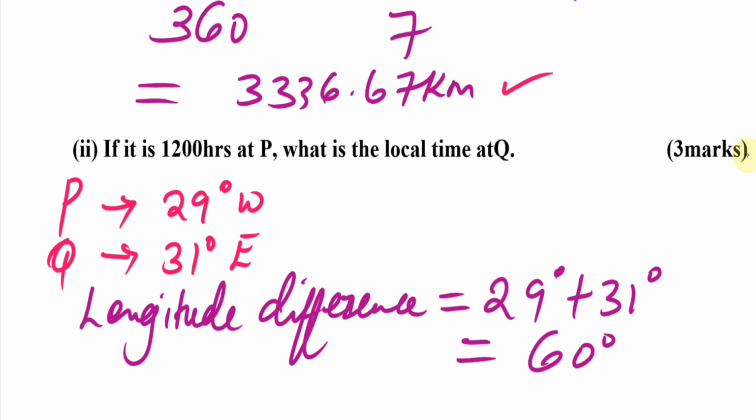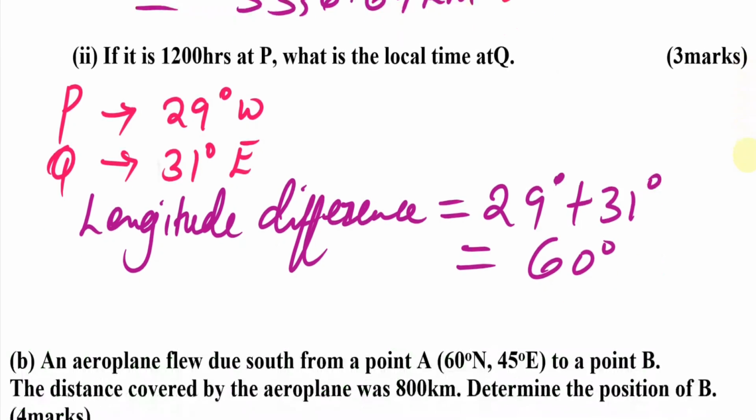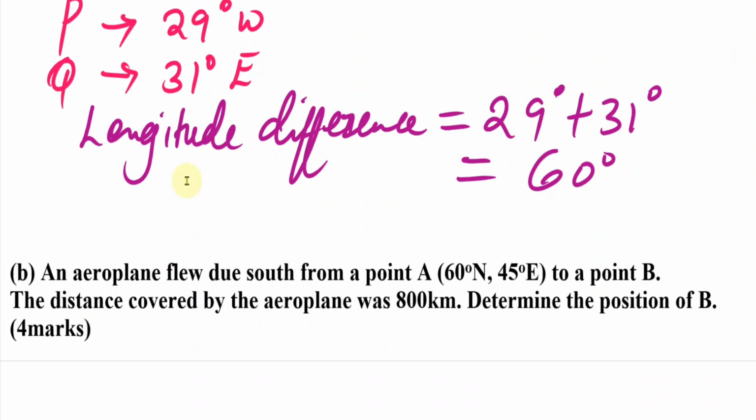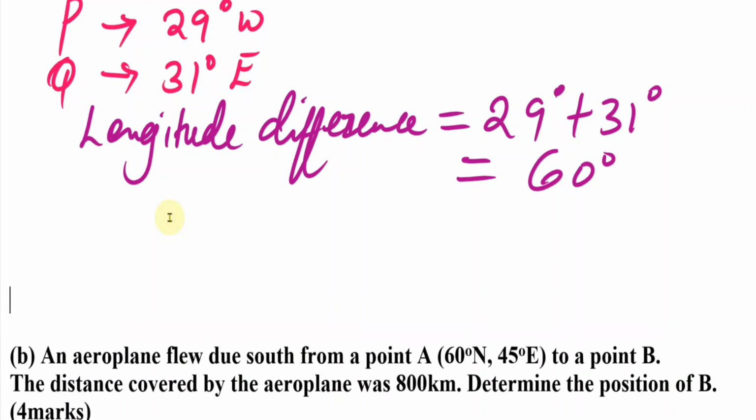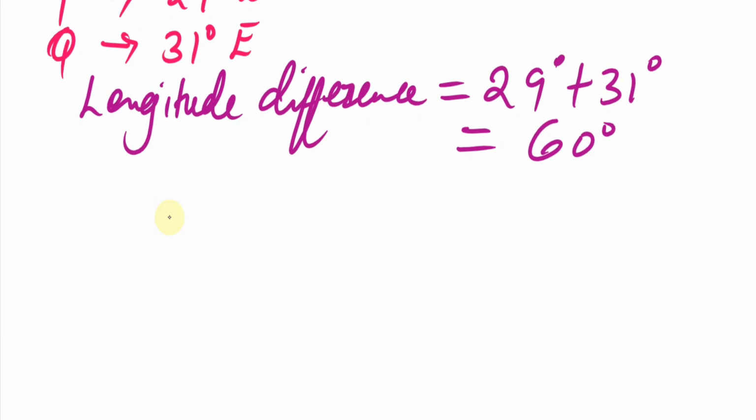After obtaining the longitude difference, there is always a time difference between two longitudes, and places to the east are always ahead of time as compared to the places to the west. It is good to note that for every 1 degree there is a difference of 4 minutes.